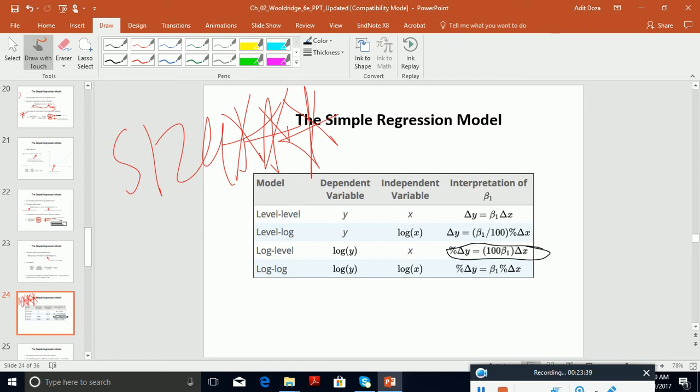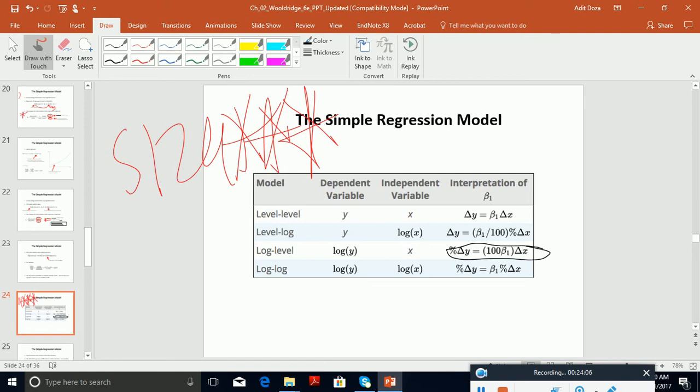When both are in level form, like both are linear form, then a 1 unit change in x is a 1 unit change in y. When both are in log form, then it's percentages, as Mike has said: if x changes by 1%, y changes by this much percent. It depends on the beta 1 value, right?